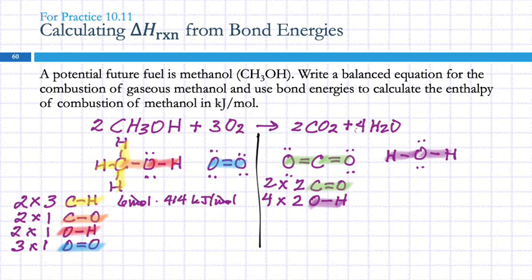Down here I've got 2 carbon-oxygen bonds at 360 kilojoules. And I have 2 of the oxygen-hydrogen bonds, 464. And I have 3 of the oxygen-oxygen double bonds.